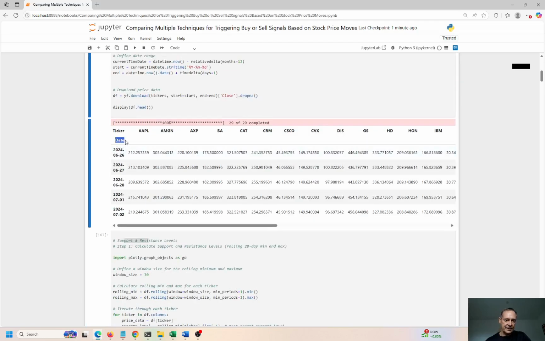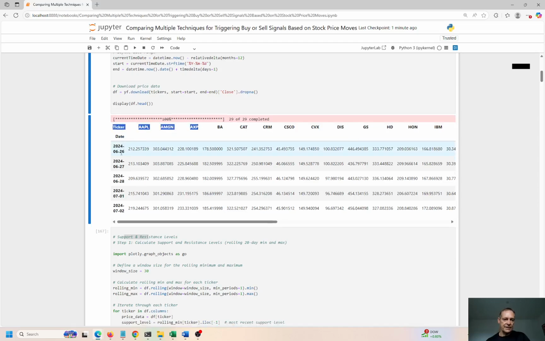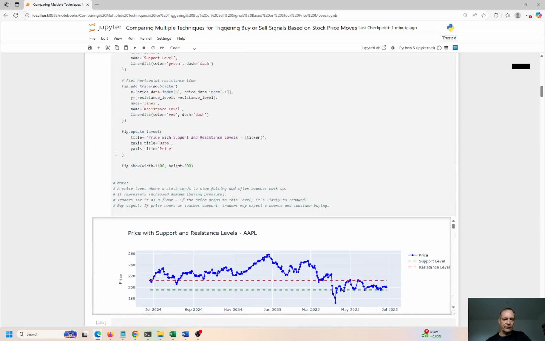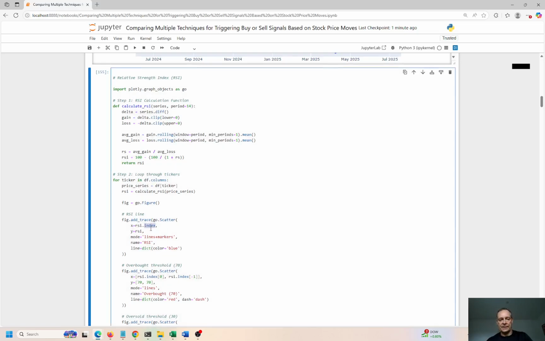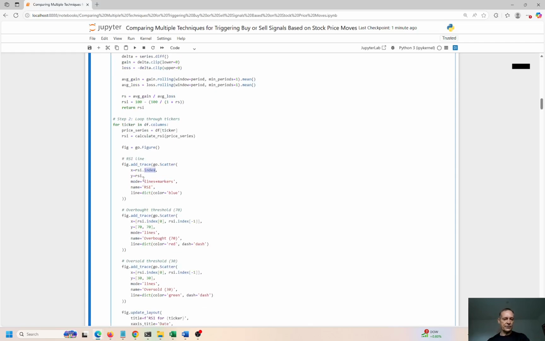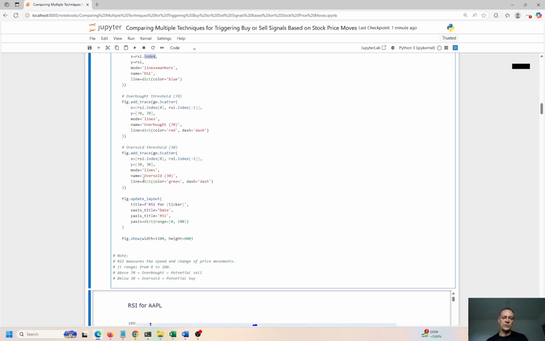You can see that the date is down one level from all the stock tickers up one level. So this indicates that this is an index. If the date was on the same level, like if the date was up here where ticker is, then the index would be 0, 1, 2, 3, 4, 5 for the row counts of the data frame. But in this case, we set the index to be the date. So the date will be on the horizontal, the RSI value will be on the vertical.